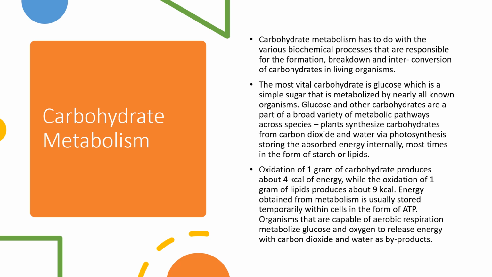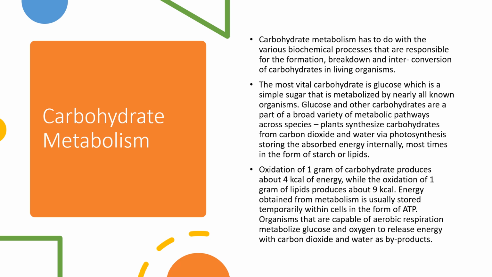Plants synthesize carbohydrates from carbon dioxide and water by way of photosynthesis, storing the absorbed energy internally and most times in the form of starch or lipids. Oxidation of 1 gram of carbohydrate produces about 4 kilocalories of energy, while oxidation of 1 gram of lipids produces about 9 kilocalories.